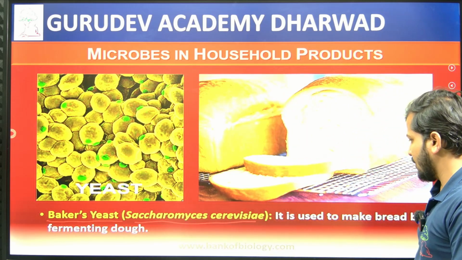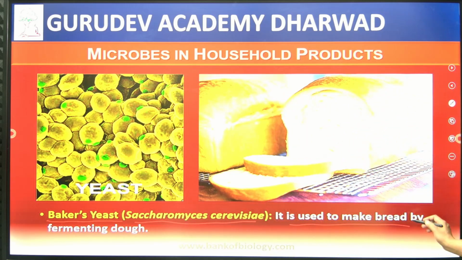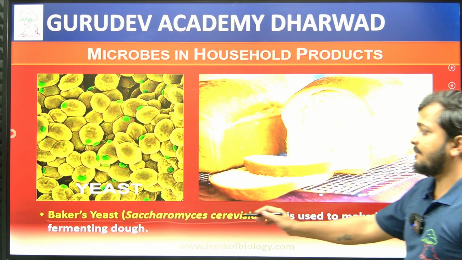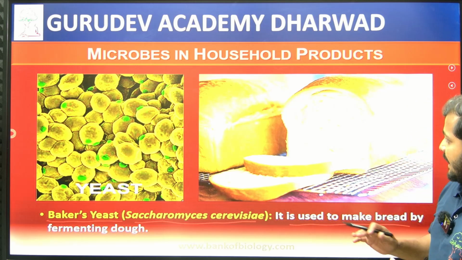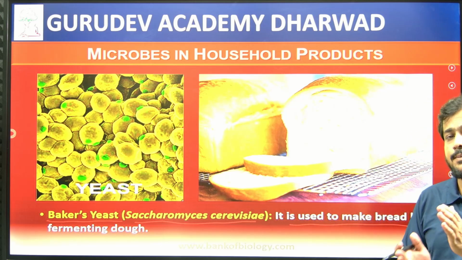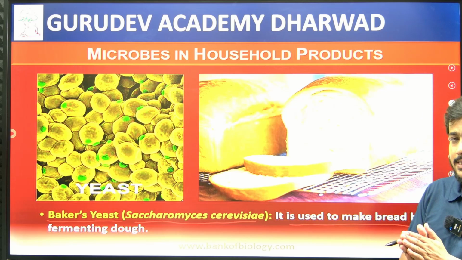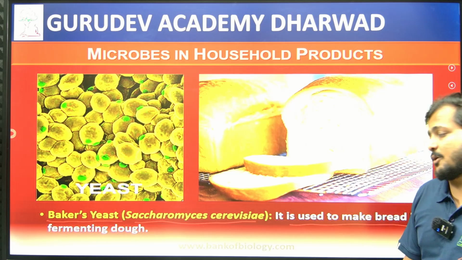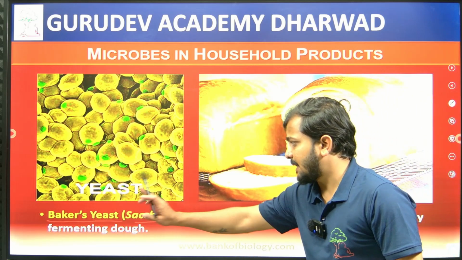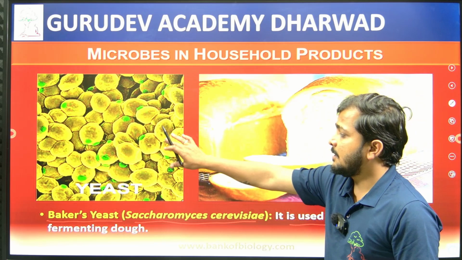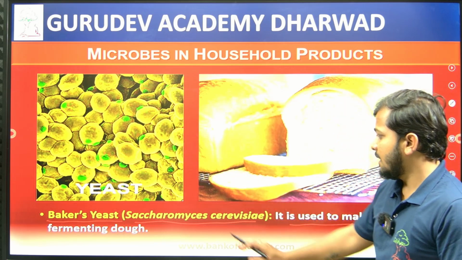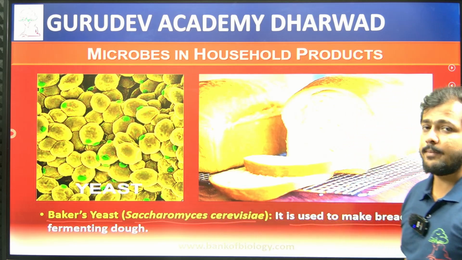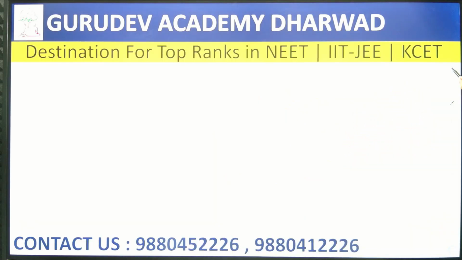It is used to make bread by fermenting dough, right? They prepare a dough, and fermentation takes place in the dough, and because of fermentation we find the bread spongy. There they use yeast, which is a unicellular fungus. Scientifically it is called Saccharomyces cerevisiae.